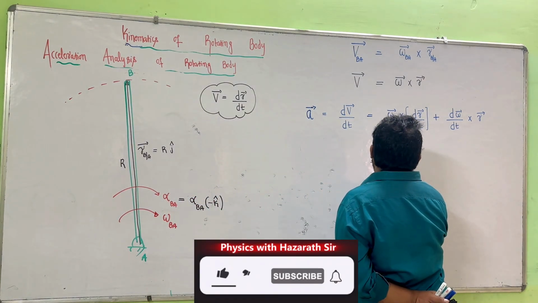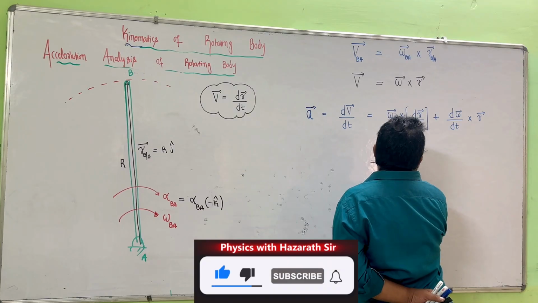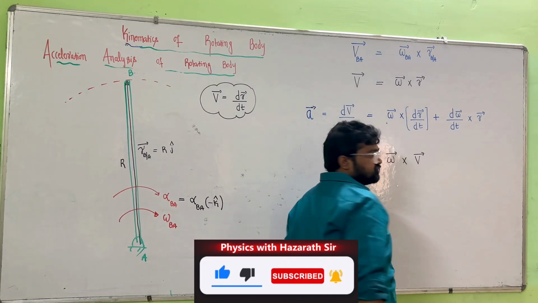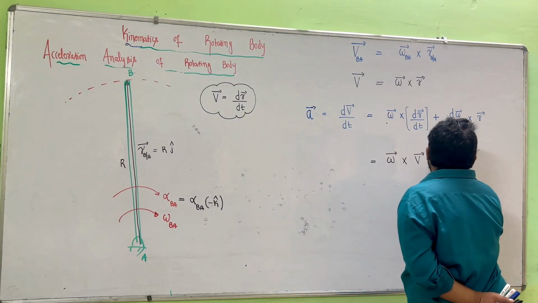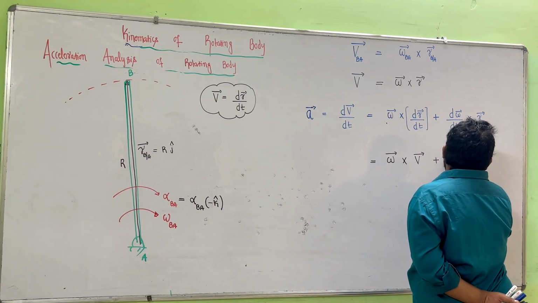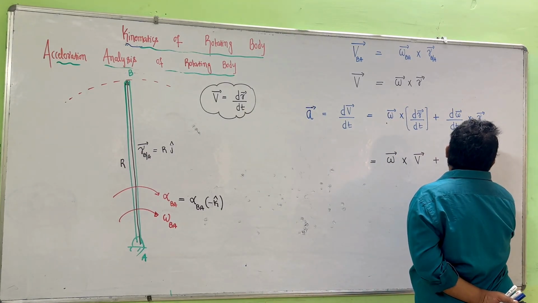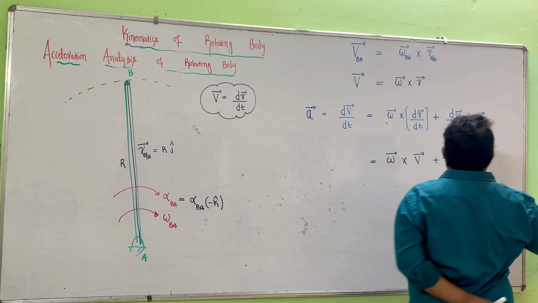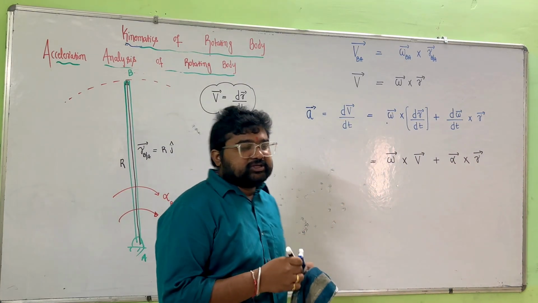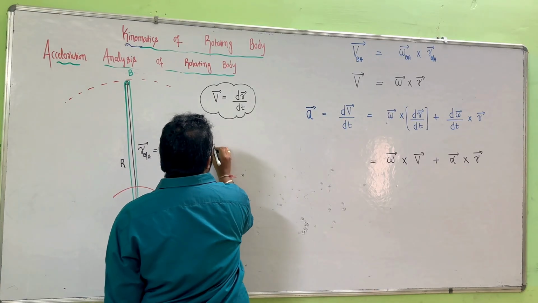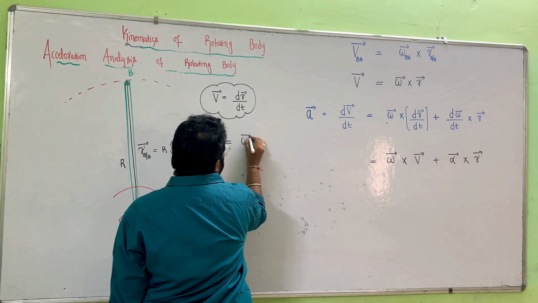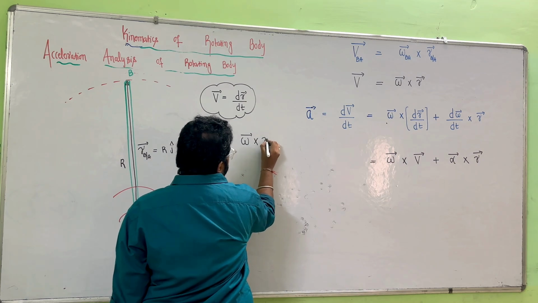That equals omega bar cross V bar plus alpha bar cross R bar. Understood? So now V bar can be written as omega bar cross R bar.